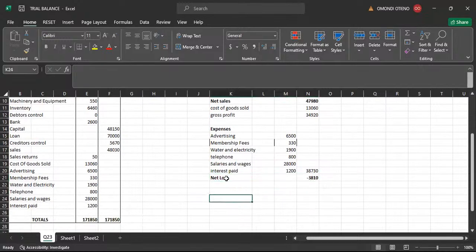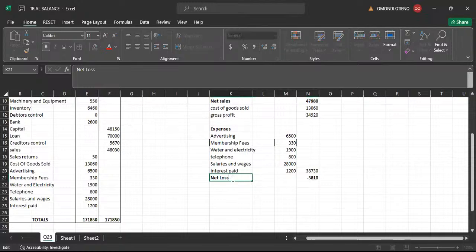Now, remember this one here is not always taken to our balance sheet directly. We don't always transfer this figure to our balance sheet directly. This is the loss or profit for the year. It is net loss or profit for the year.